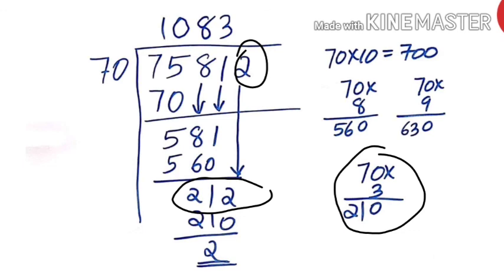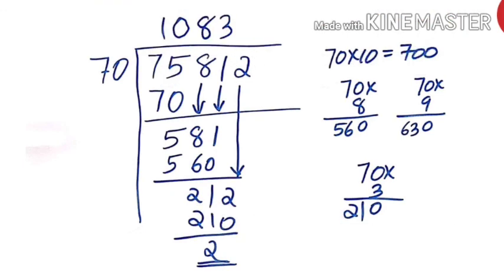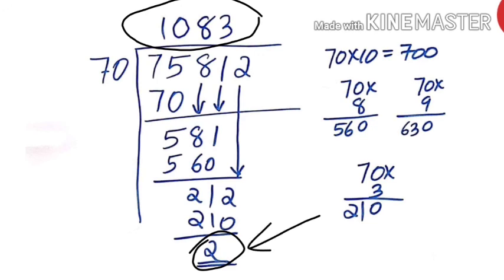So write 3 on the top. 3 into 70 is 210. 212 minus 210 is 2. So here the answer is 1083. Here the remainder is 2.